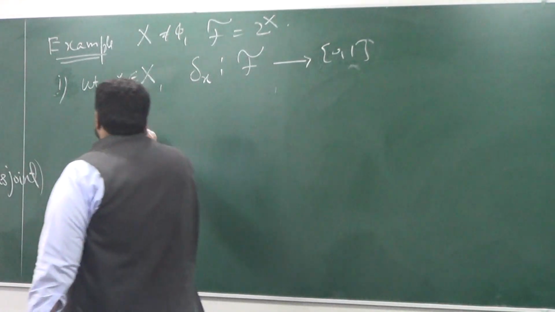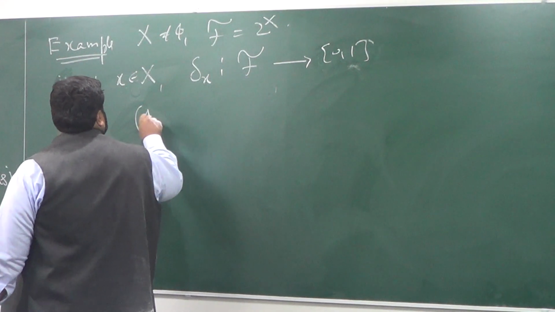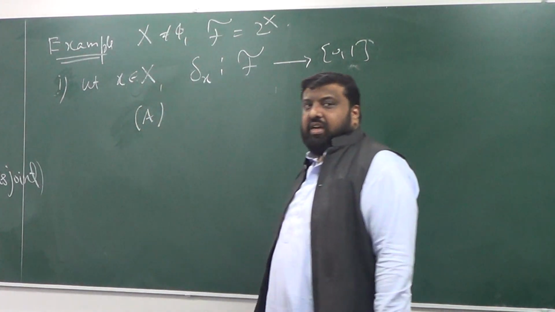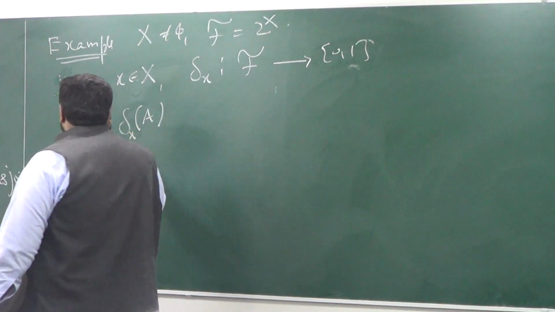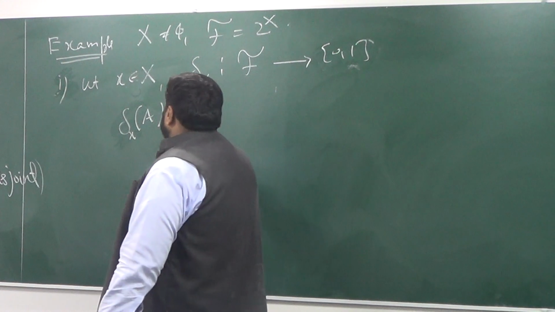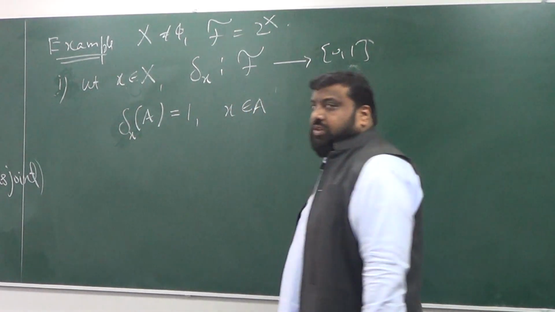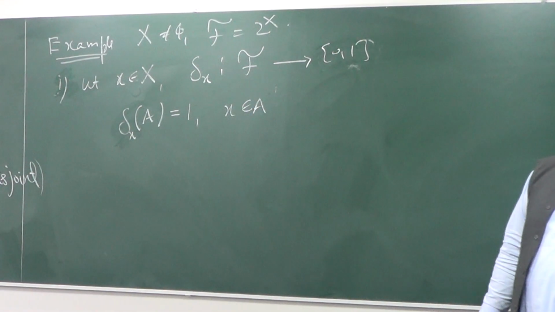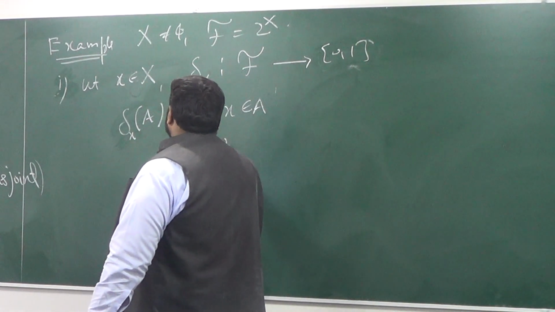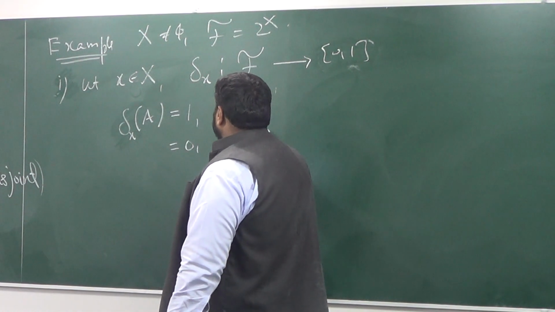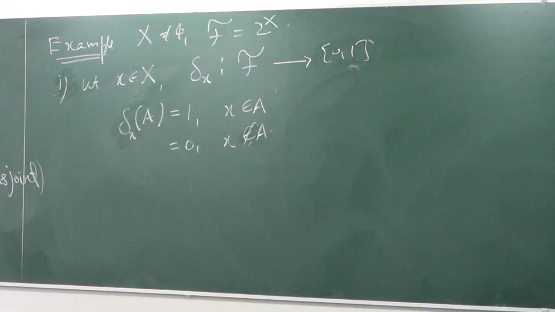The definition is that if you give me a set A from the sigma-algebra, the measurable set will be swallowed by this map delta x, and it's going to spit out 1 if x is in A, telling me that x is inside A, and 0 if x is not in A. I'm talking about a fixed element.